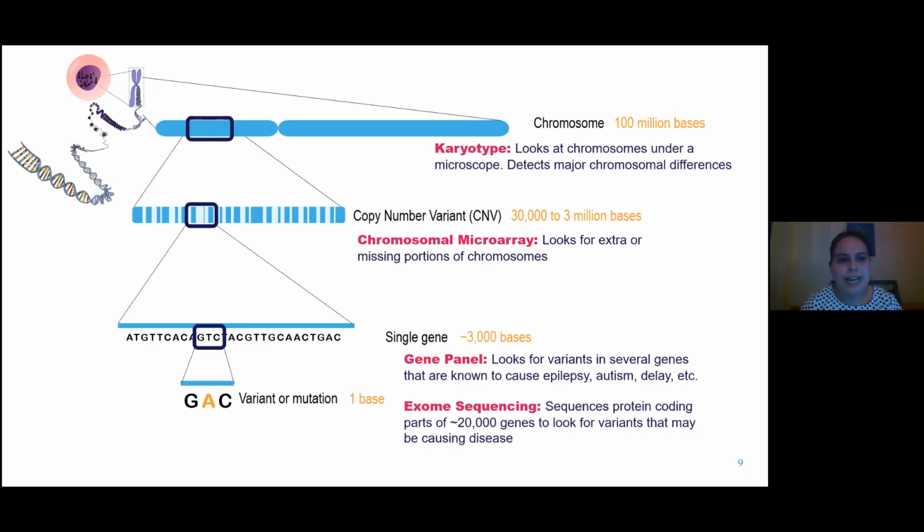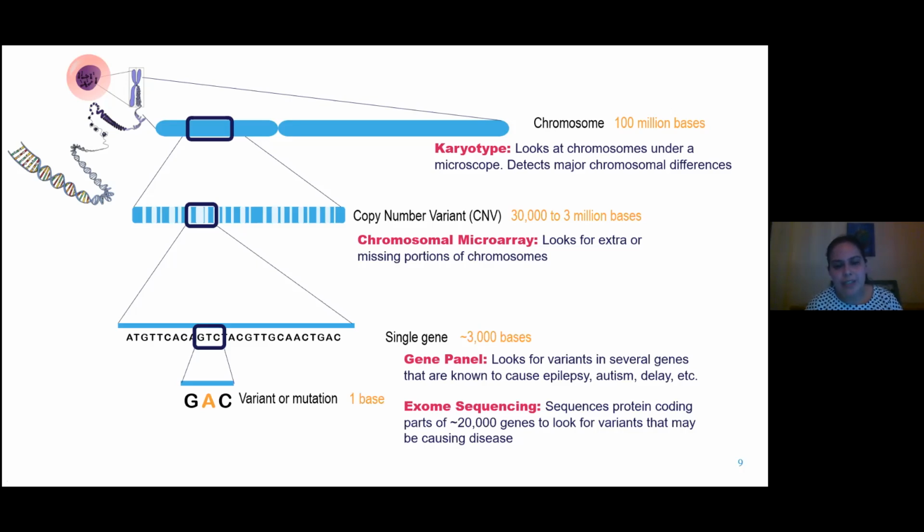So we're not looking at the chromosome in a larger sense, we're looking at specific genes. And there are a few different ways that we can do this in clinical practice. The first is what we call a gene panel, which many of you may be familiar with, as your children likely had these, or whole exome sequencing.